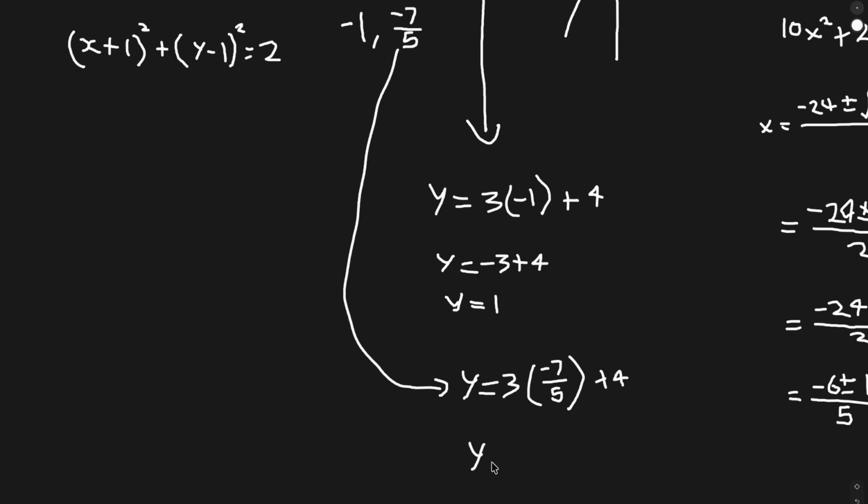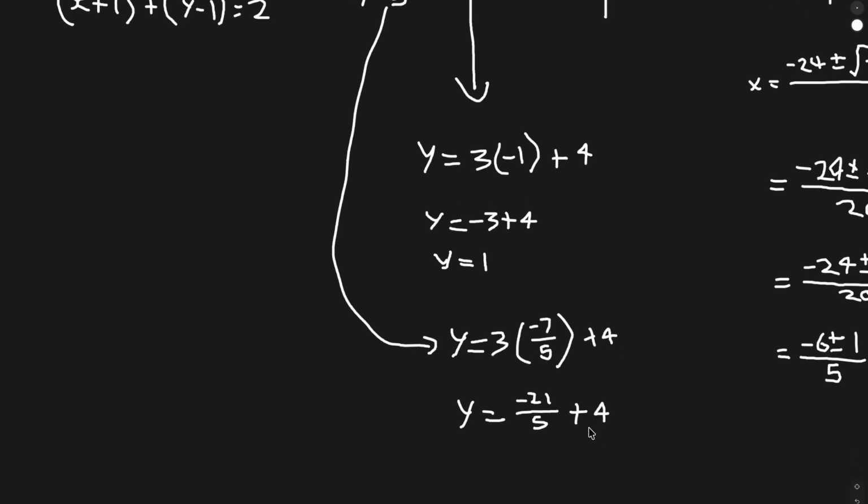So y is equal to negative 21 on 5, plus 4, which is the same as 20 on 5. Is it 20 divided by, yep.